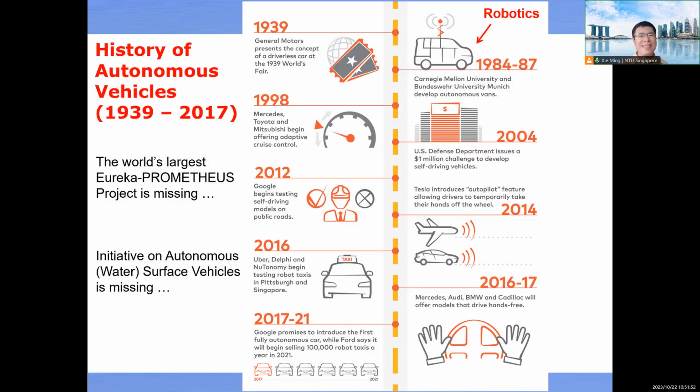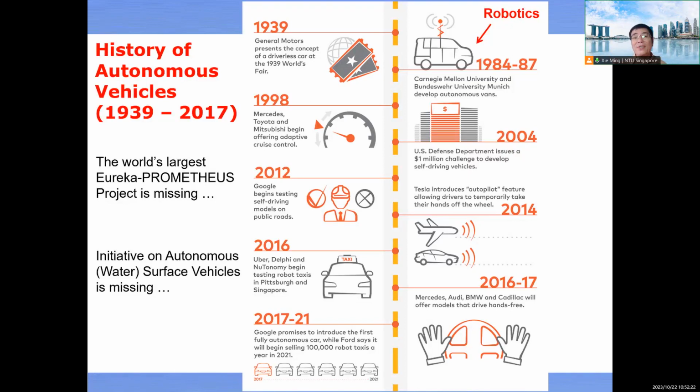And the name of this project was Eureka Prometheus. Eureka Prometheus started in year 1986. So until today, Eureka Prometheus is still the world's largest initiative dedicated to the development of autonomous vehicle.